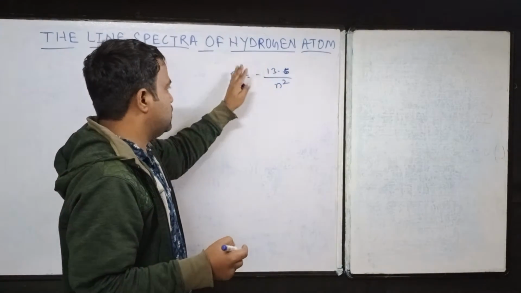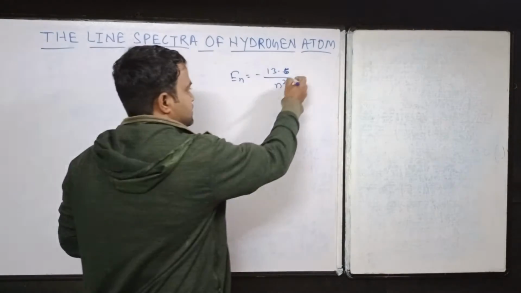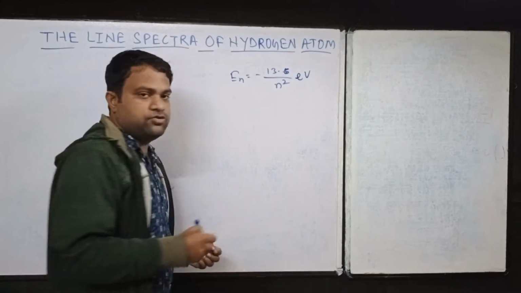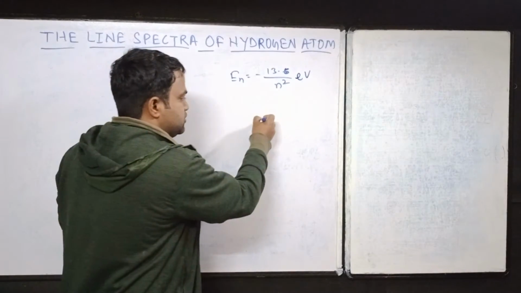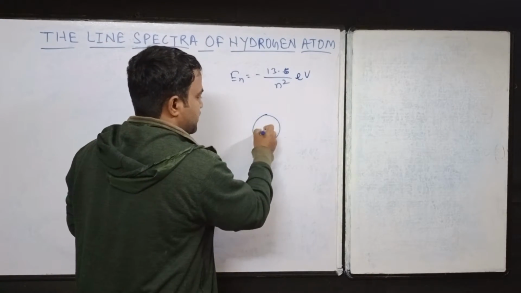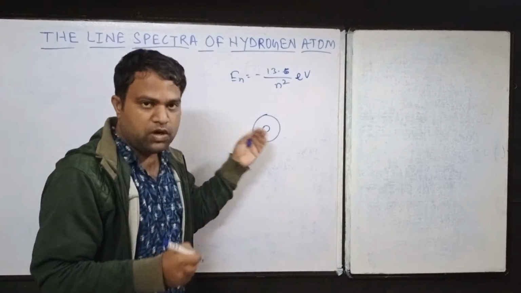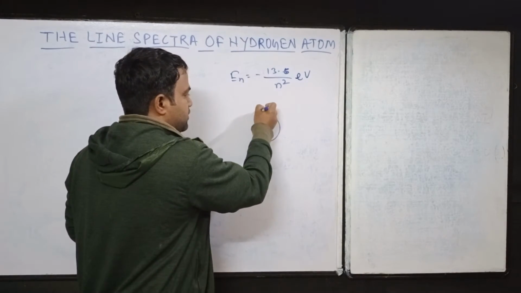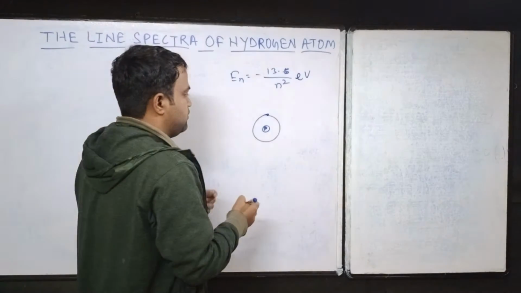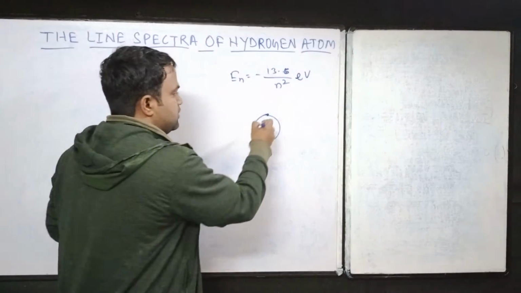For n equal to 1 you will get 13.6 in eV, electron volt, right? So that means each orbit, if this is a hydrogen atom which has only one proton and one electron, and this is the simplest atom for our discussion.